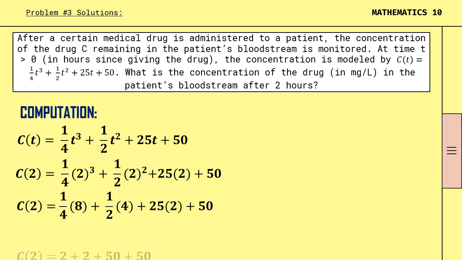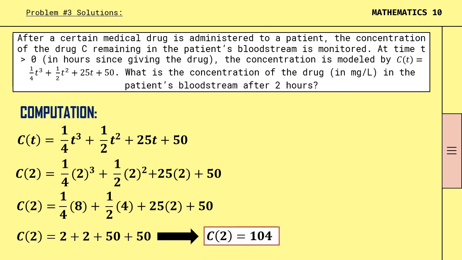After that, we multiply, following the PEMDAS rule properly. So 1/4 times 8 would be 2. 1/2 times 4 would be 2. 25 times 2 is 50, plus 50. Okay, so therefore, C of 2 is equal to 104.